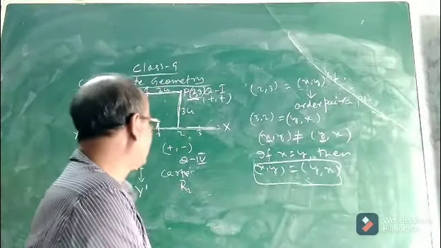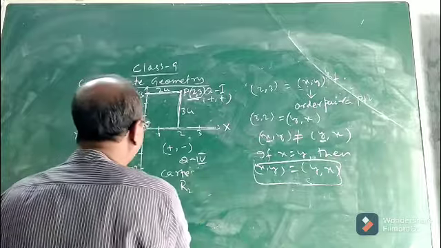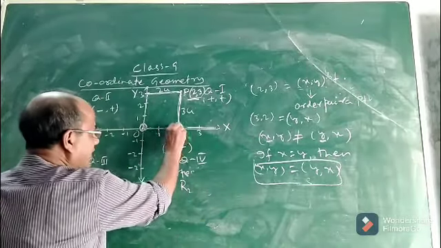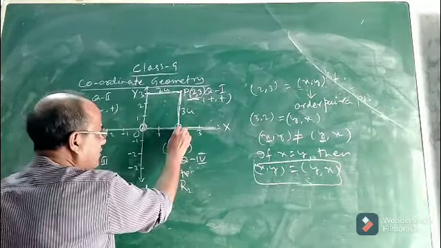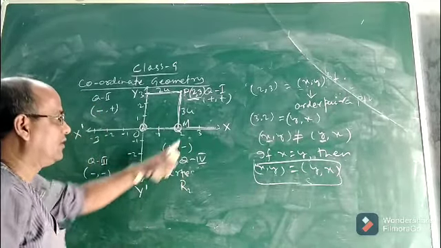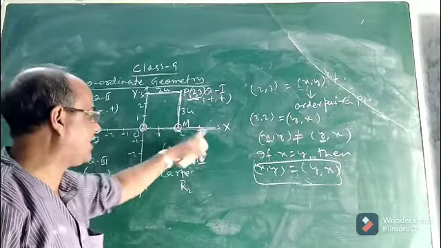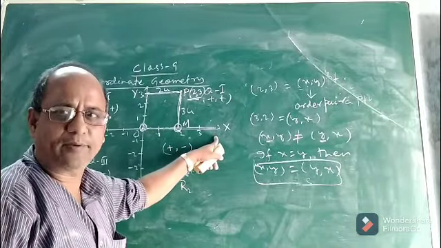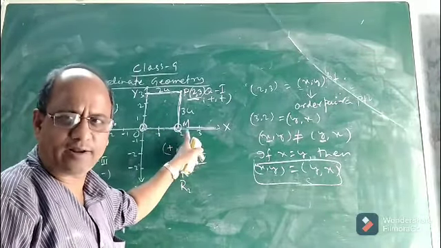Okay, now let us discuss another thing. Suppose a point lies on the x-axis. Suppose here is a point, it is M. What will be the coordinates of this point?